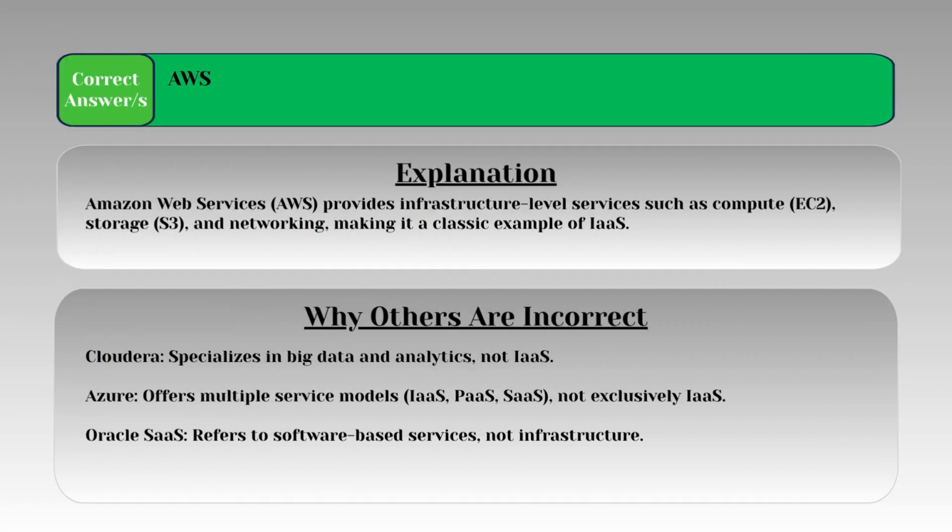Explanation: Amazon Web Services provides infrastructure-level services such as compute, storage, and networking, making it a classic example of IaaS. Why others are incorrect: Cloudera specializes in big data and analytics, not IaaS. Azure offers multiple service models, not exclusively IaaS. Oracle SaaS refers to software-based services, not infrastructure.